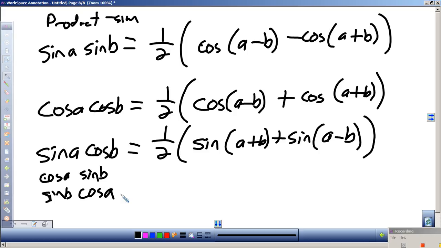Because if we change the order, notice it's changing this to B minus A. But if you change this to a minus here, then you can change it to B minus A. So remember, sine of negative theta is the same as negative sine of theta.